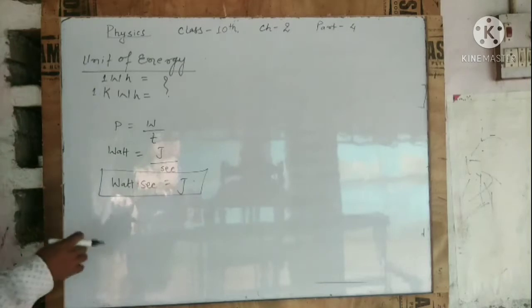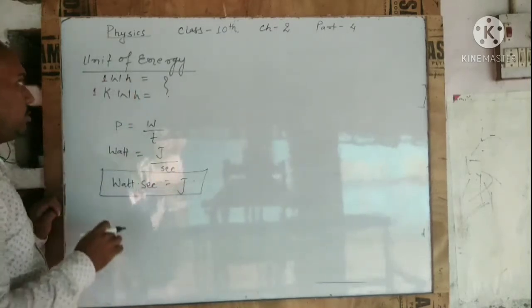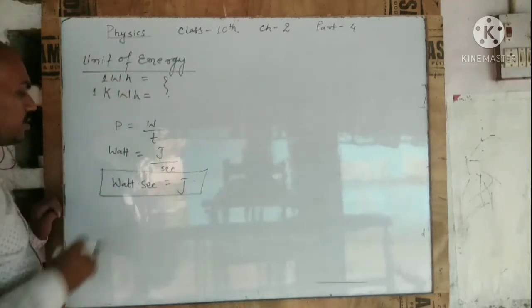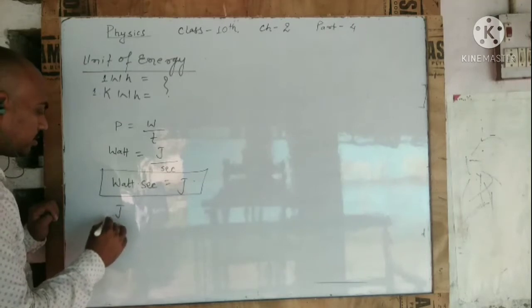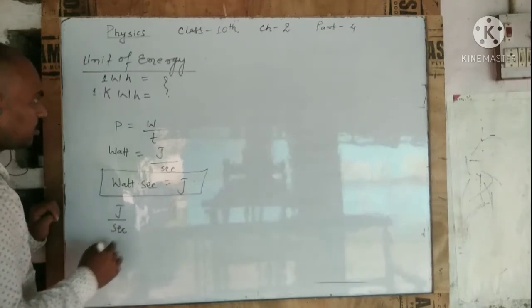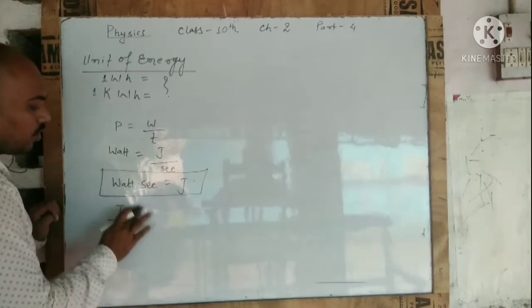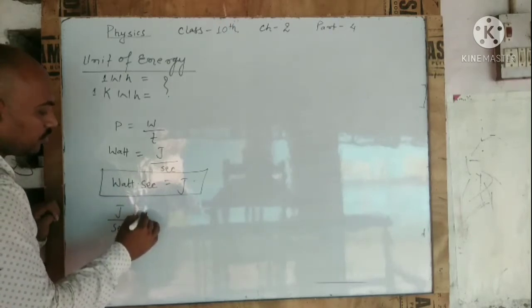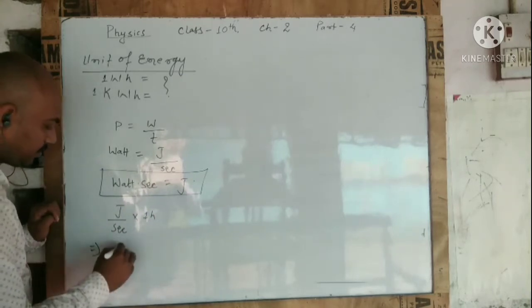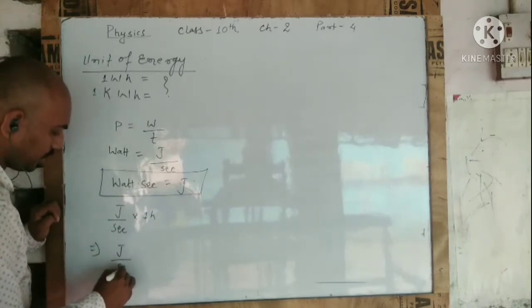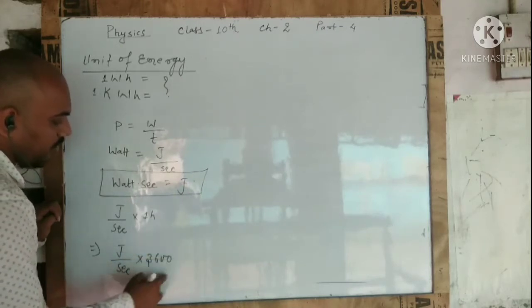Now come to the point. Here is a watt hour. Watt means joule per second. Hour means time. 1 hour means 3600 seconds.